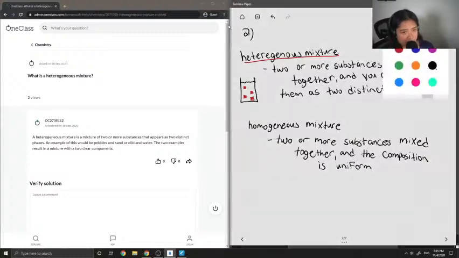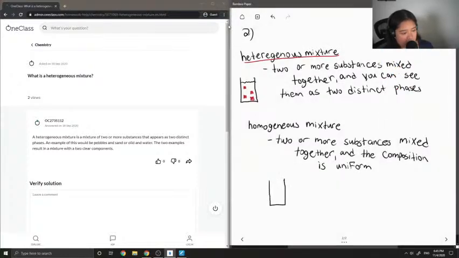So let me draw out that same liquid, but this time I'm going to add like blue cubes in it.